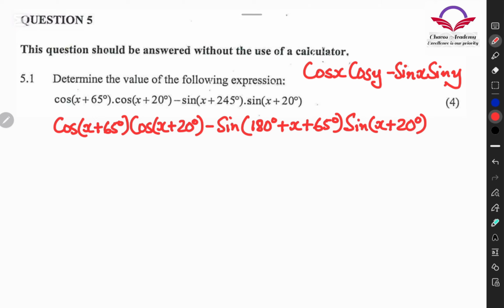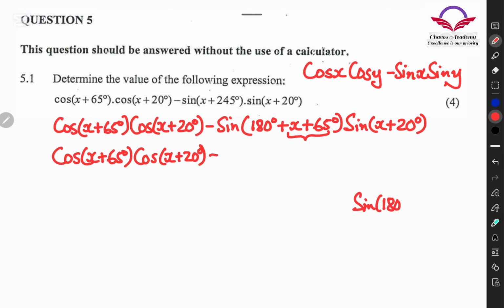So this will give us cos of x plus 65, going to have cos of x plus 20, minus then 180 plus theta. 180 plus theta, that should be minus sine of theta.